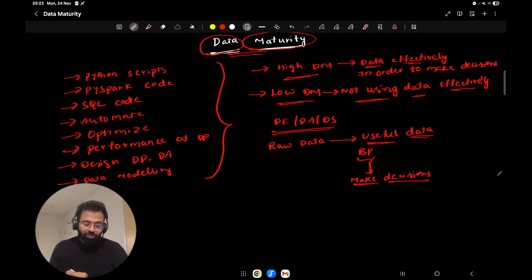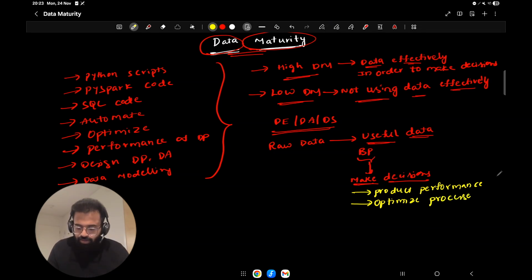They need to make decisions to improve product performance, or to basically optimize processes.